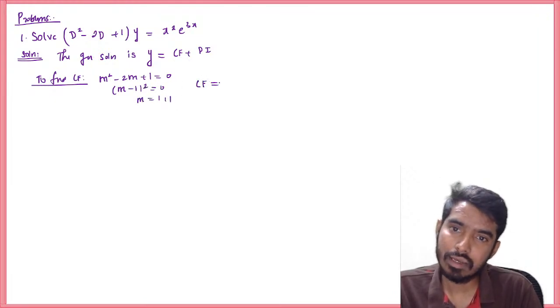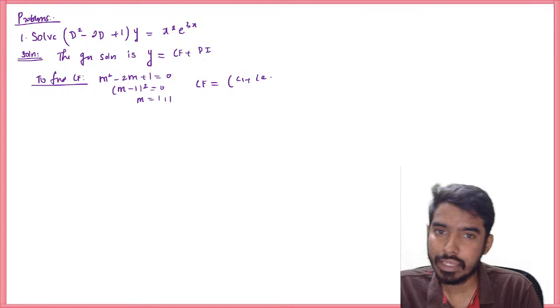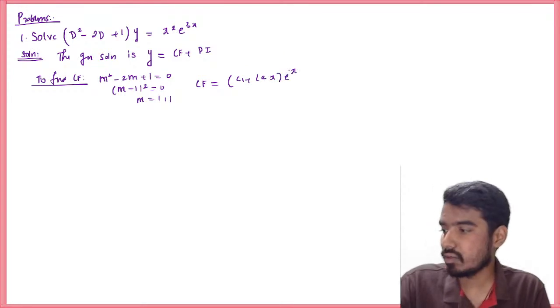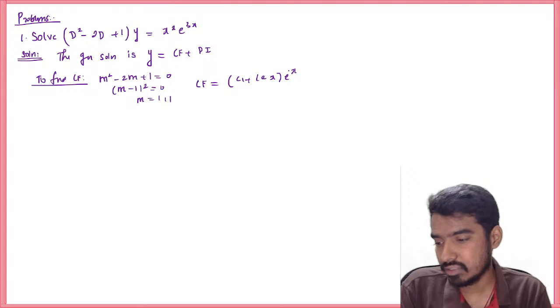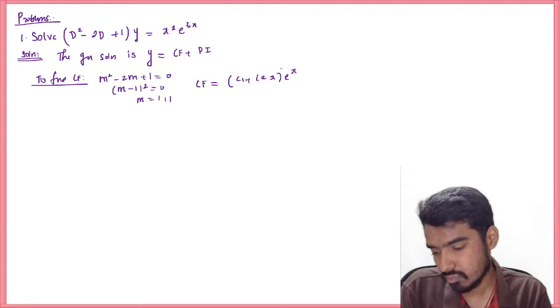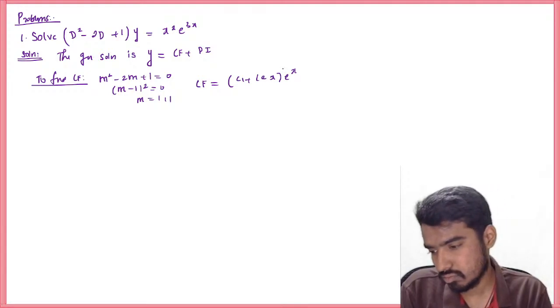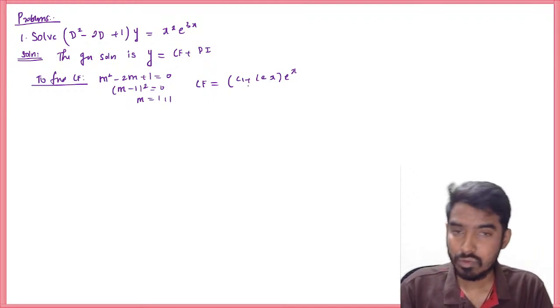Therefore the roots are real and equal. So CF is C1 plus C2x, e power x.